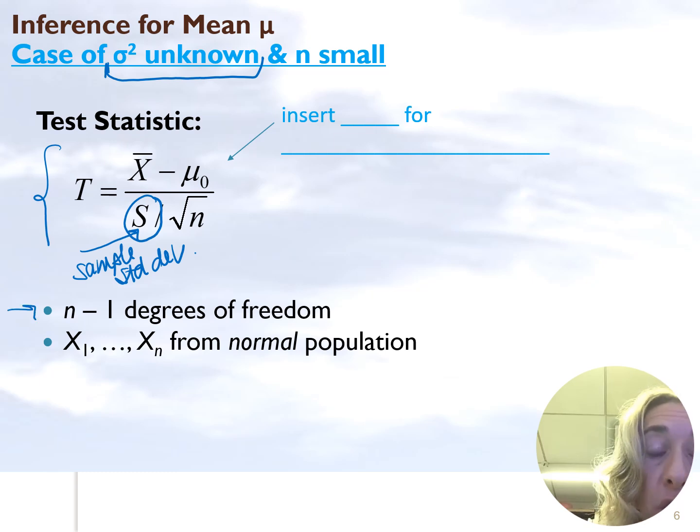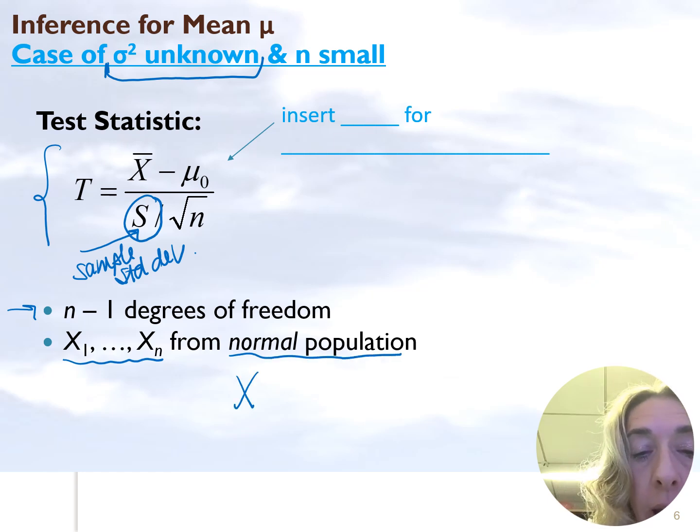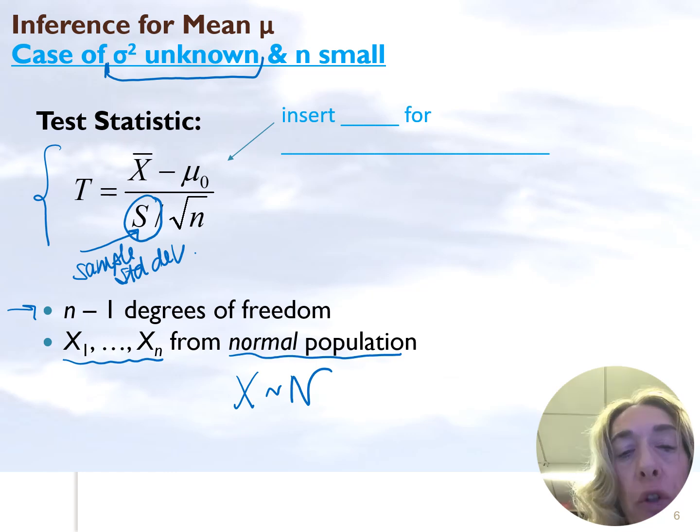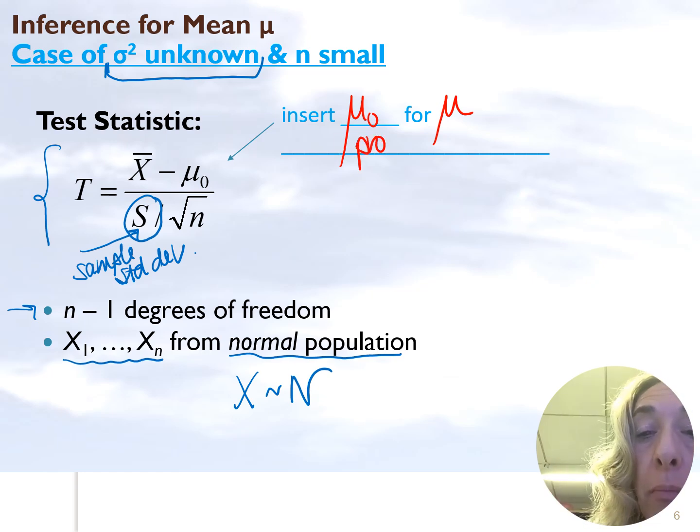And one of the conditions for using the t-distribution is that your underlying population, or your population of x's, has to be normally distributed. This must hold. X must be normally distributed in order to use the t-distribution. But we're going to proceed just as we did in the other case, in that we're going to insert mu naught for mu in our t random variable in order to do a proof by contradiction for the same reasons.